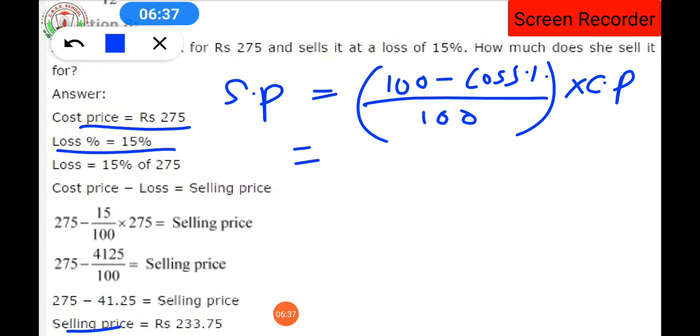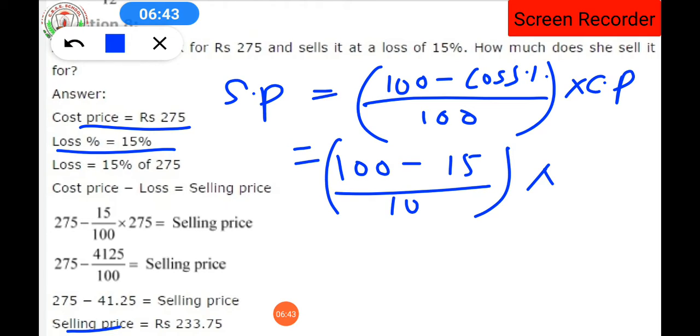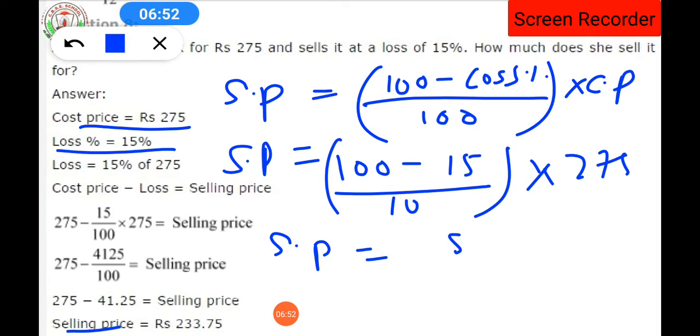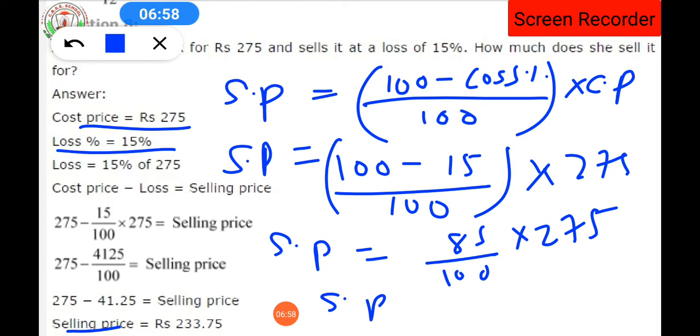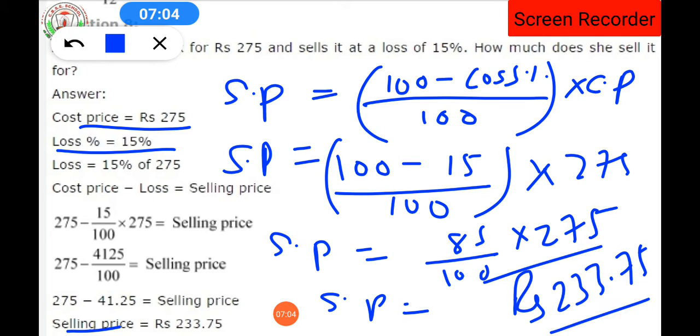So 100 minus loss percent, which is 15, upon 100 into CP. CP is 275. So while solving this equation, we will get the answer as 85 upon 100 into 275. So SP is equal to, solving this equation, 233.75. So this is the answer.